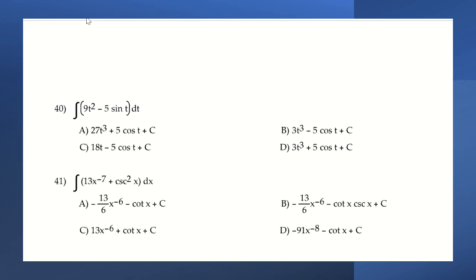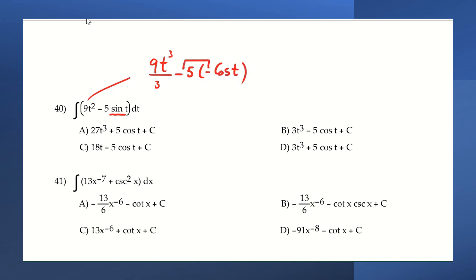Another one, integral of 9t squared minus 5 sine t. So 9t squared, I'm going to add 1 to the power, minus 5 sine t. What is the function whose derivative is sine? We know that the derivative of cosine is negative sine, so I need to rewrite it as 5 times negative cosine t.